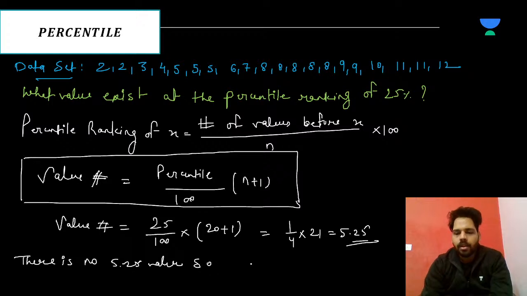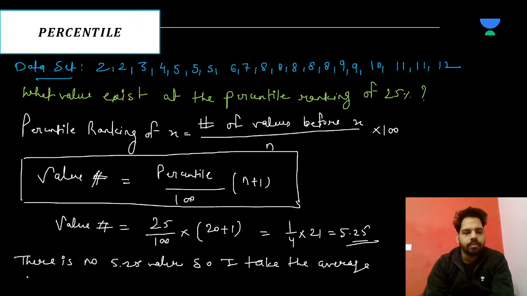So I take the average of fifth and sixth, because it is coming approximately 5 and 5.25.